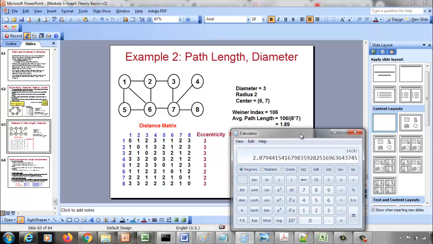Let's go ahead and find log n divided by log of log n. You can type 2.079 and take the logarithm of that.